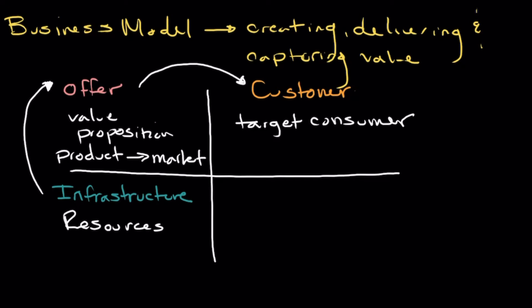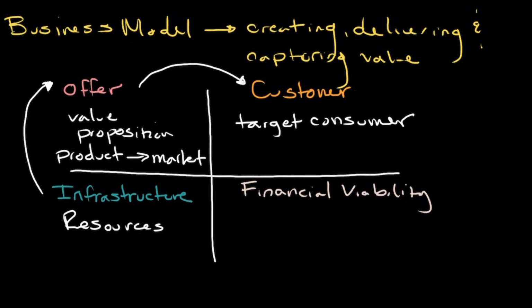So the last piece, now that we've gone through offer, customer, and infrastructure, is financial viability. And every business model needs to be financially viable. Otherwise, it simply won't work and it's not a successful model. And you need to have all four of these really to have a chance of being able to launch a successful venture.